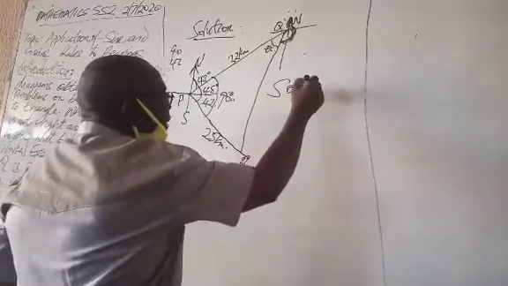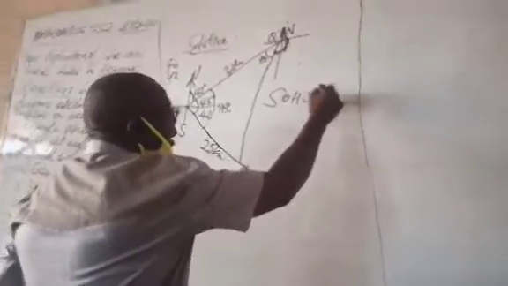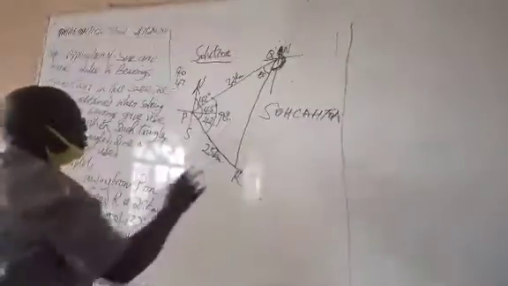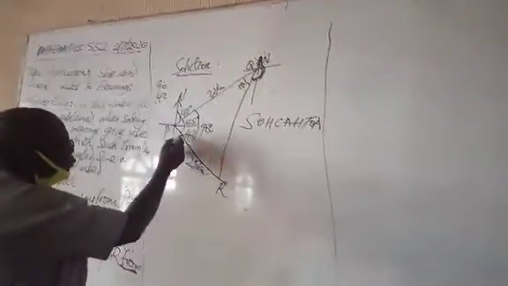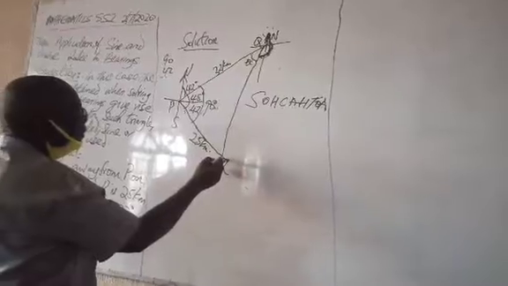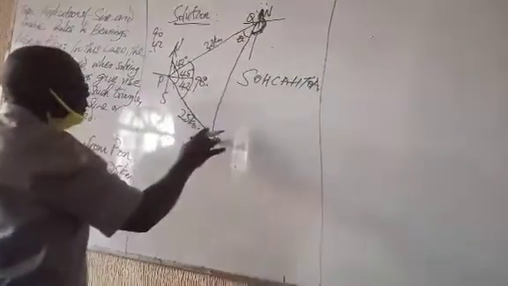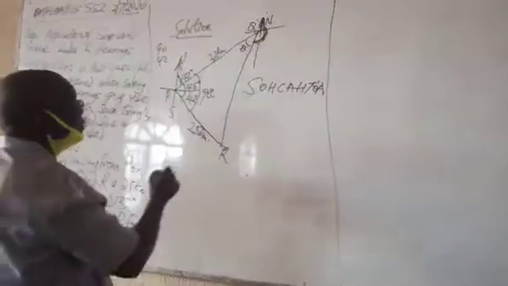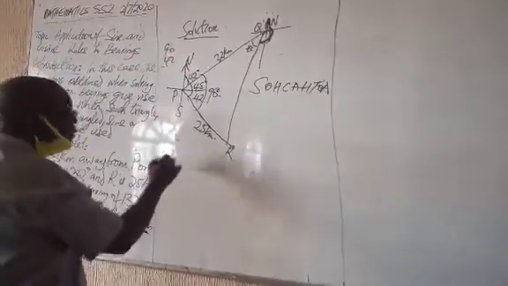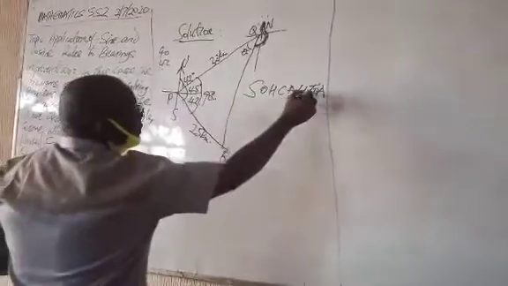your SOHCAHTOA. Here being a right angle triangle, this side is opposite, this is adjacent, while this side facing the 90 degree angle is the hypotenuse. Opposite over adjacent is tan.